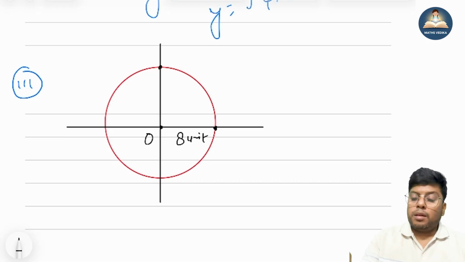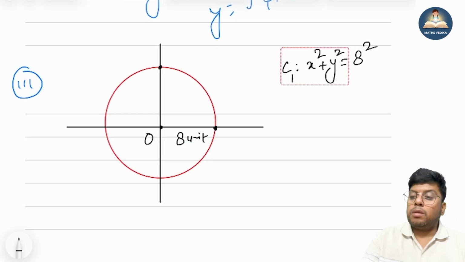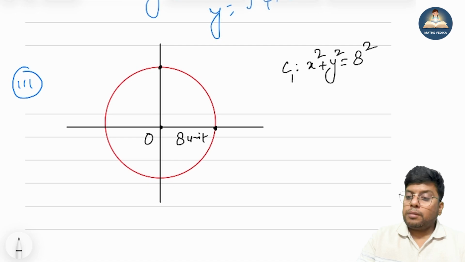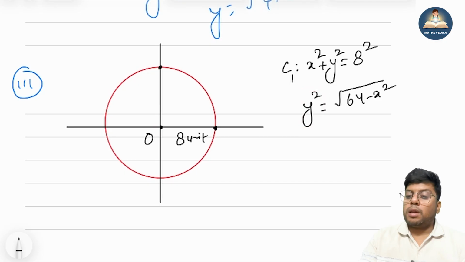So the equation of this circle C1 is x square plus y square is equal to 8 square, which means y is equal to root under 64 minus x square.